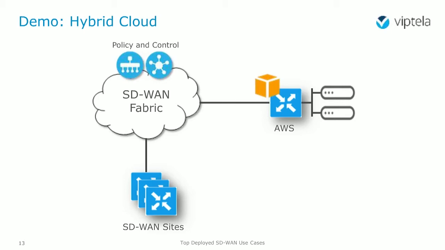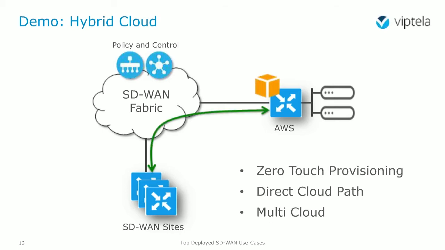Think about this as an NFV instance of the Viptela SD-WAN appliance that gets commissioned in the AWS VPC, and it front ends the compute resources that are in that VPC, and again, it extends all of the features of the SD-WAN fabric seamlessly into the AWS, and the connectivity is just a straight connectivity between the remote sites into the AWS environment through a direct cloud path.